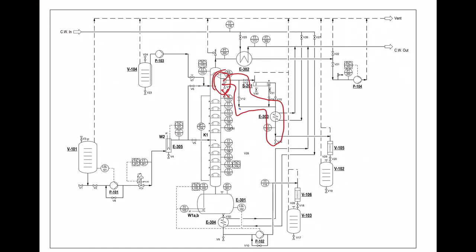Then open valve V11. After you collect enough sample, close back valve V11. Then go back to your control panel and switch the reflux divider back to the original setting.